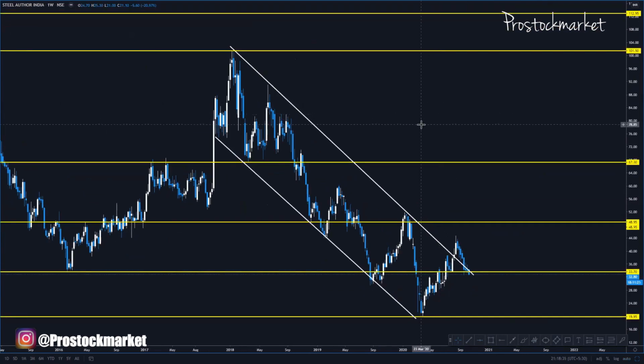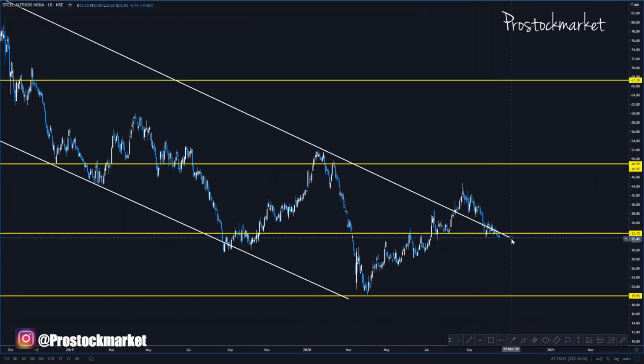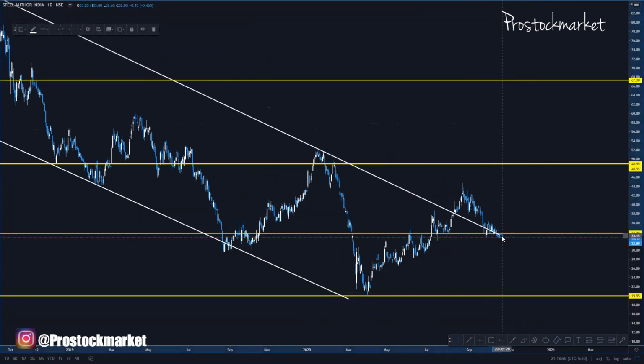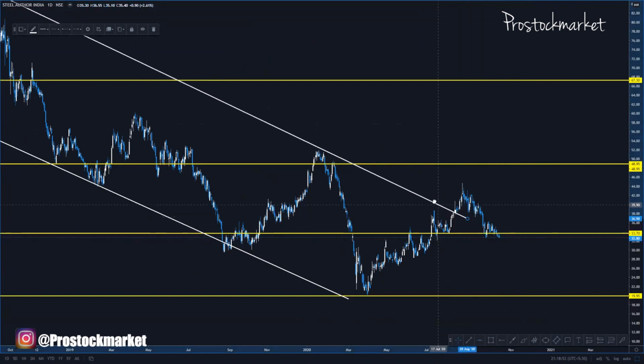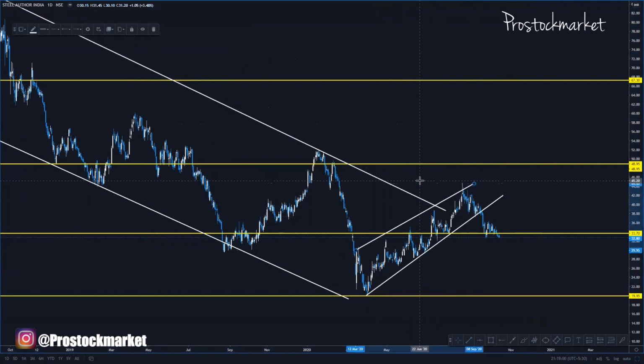So at present I don't think it's moving upside. If I go for the daily time frame, you can hardly see it's like a fake breakout. You need to push your trend line like that. We have to see how this will react, because this is what I'm looking at here.